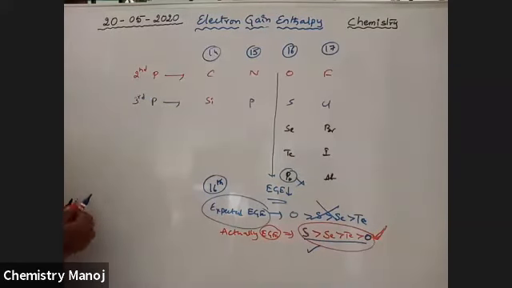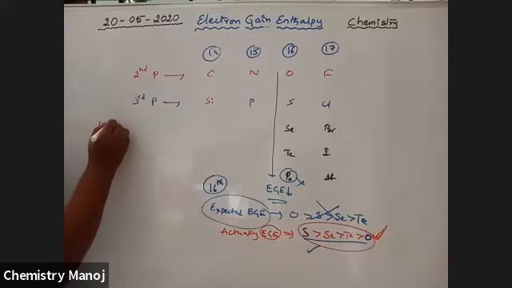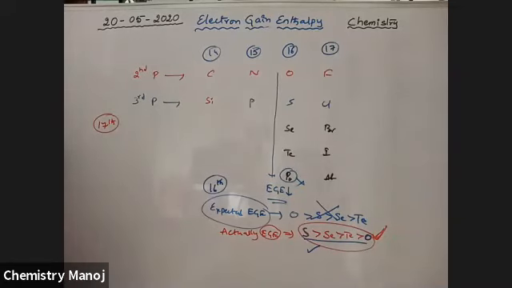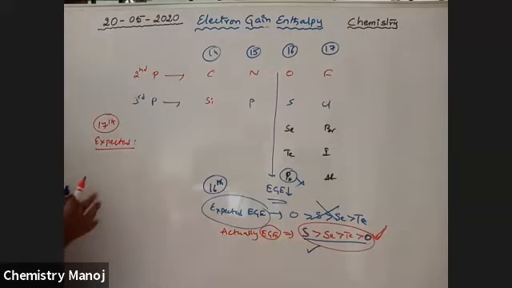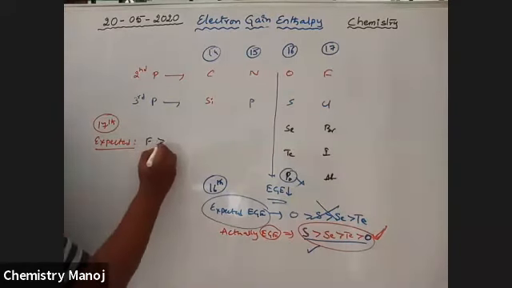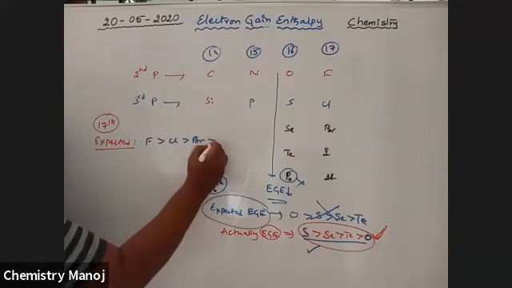For the 17th group elements, we expected values: fluorine greater than chlorine greater than bromine greater than iodine.